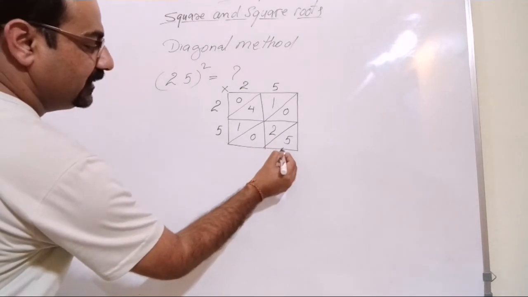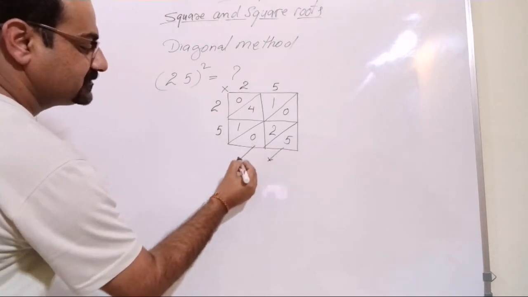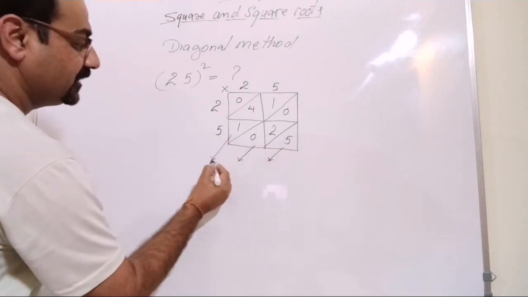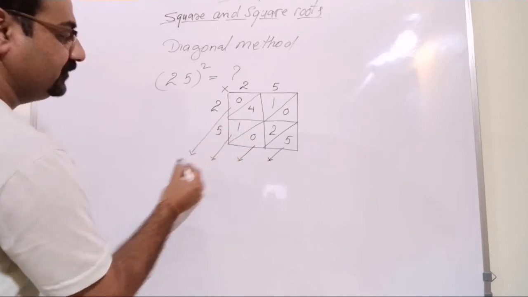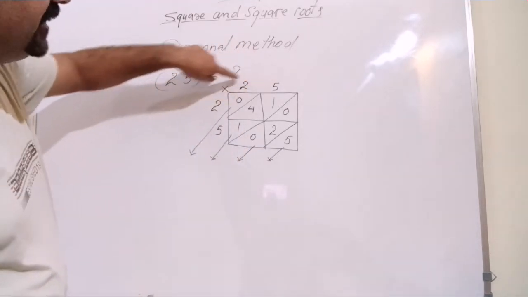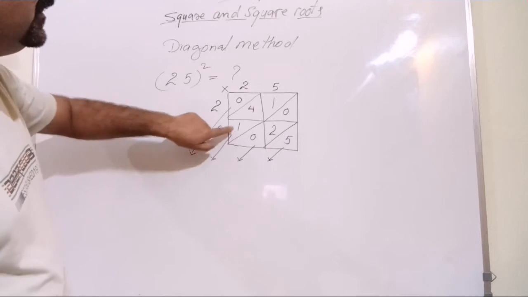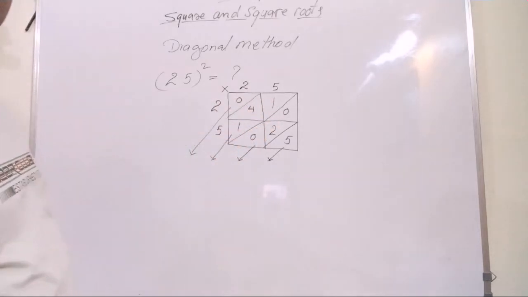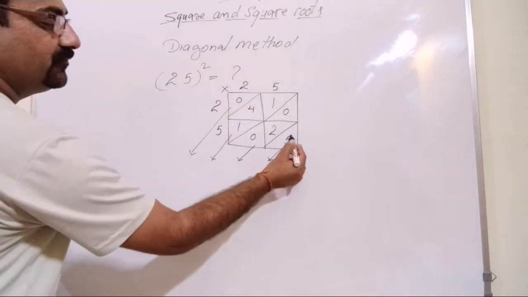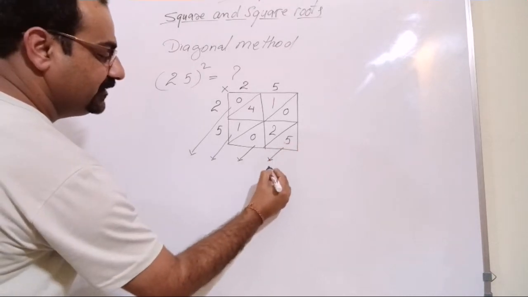Now beta, we have to add all the numbers diagonally, right? We don't use the outside numbers, we add only the numbers inside the boxes. Here only 5, so we write 5.